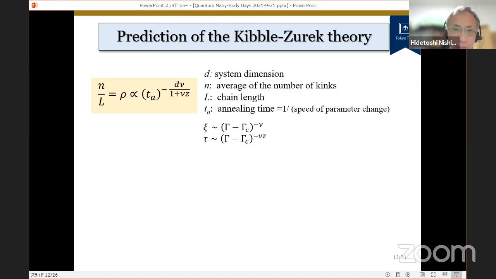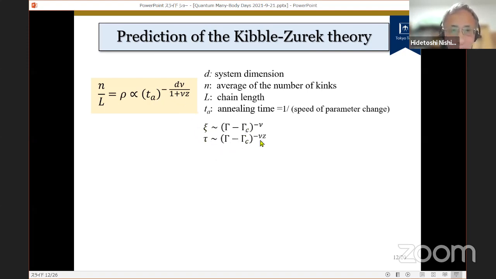And the answer of Kibble and Zurek is as follows. The number of defects divided by the system size, that is the density of defects, is proportional to the annealing time T_A to the power minus d nu over 1 plus nu z, where d is the system dimension, which is 1 in the present case. Nu is the critical exponent of the correlation function, which characterizes the rate of divergence of correlation at the critical point.